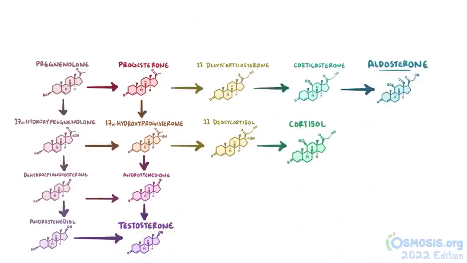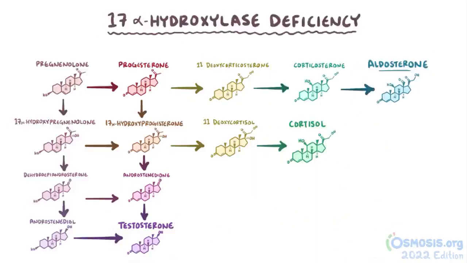The third most common enzyme deficiency in congenital adrenal hyperplasia is 17-alpha-hydroxylase deficiency. This enzyme deficiency prevents pregnenolone and progesterone in the aldosterone pathway from being converted into 17-hydroxypregnenolone and 17-hydroxyprogesterone, which is needed in the corticosteroid pathway.